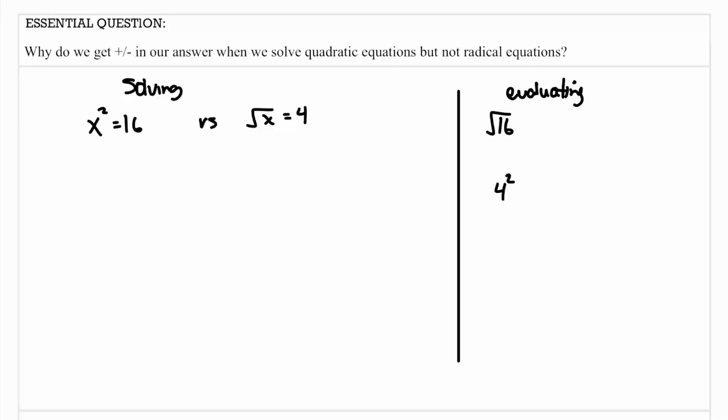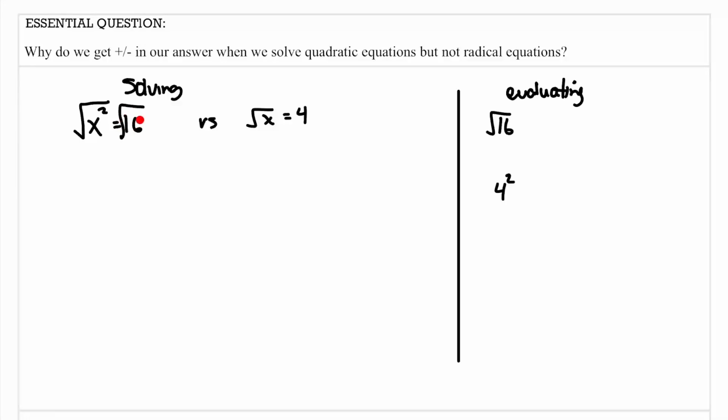Where this confusion comes in is people want to say that the square root of 16 is positive 4 or negative 4. And the reason for that comes from solving a quadratic. If we're looking for x, when we've got x squared equals 16, our first step is we're going to take the square root of both sides.